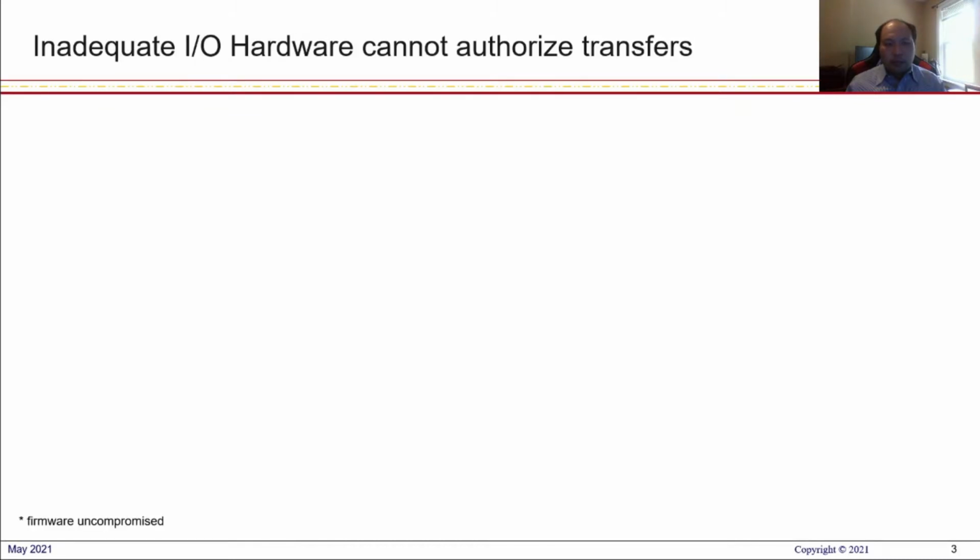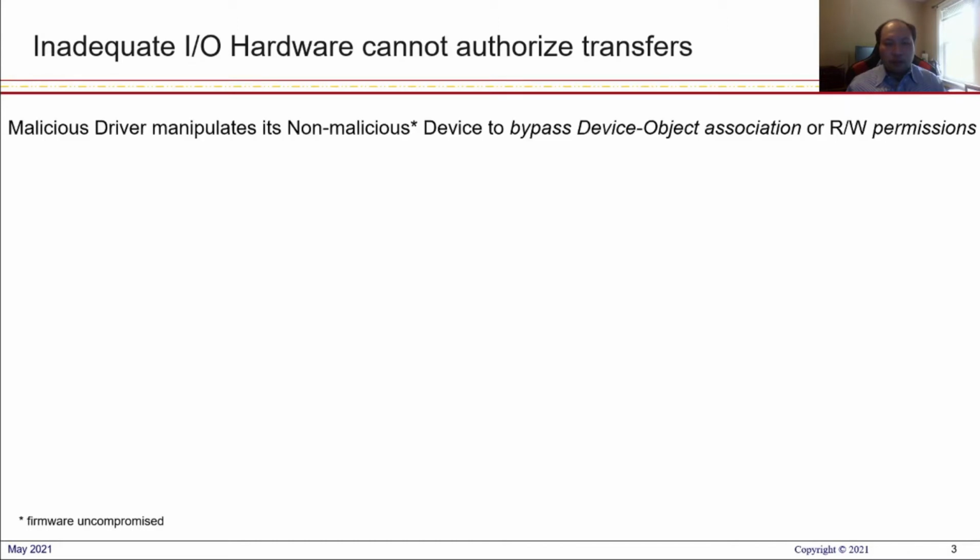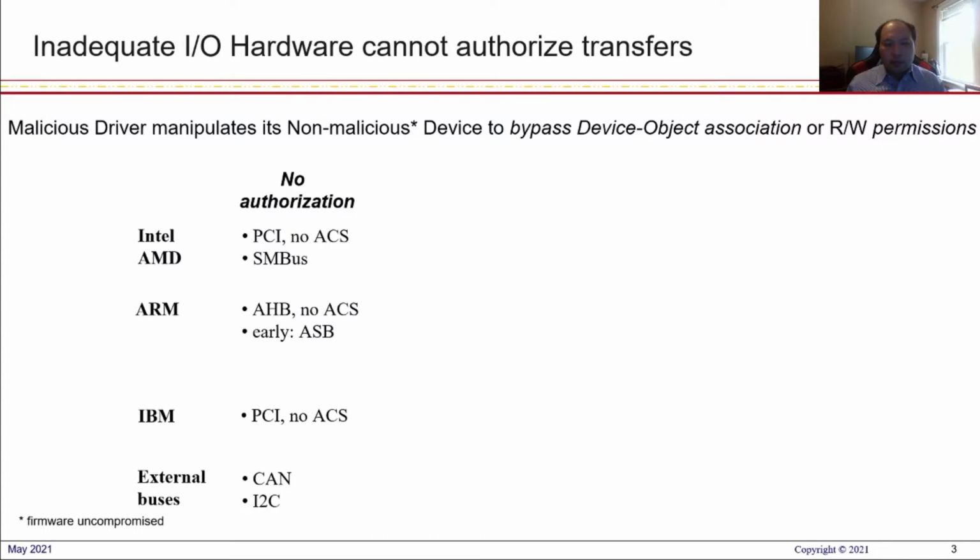Many IO hardware designs fail to provide adequate transfer authorization. Thus, a malicious driver can manipulate its non-malicious device to bypass device object association or read-write permissions. Some IO hardware provides no authorization at all.